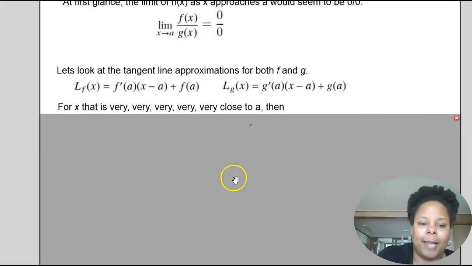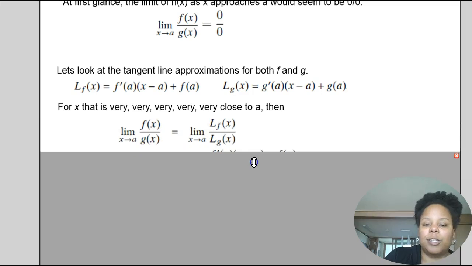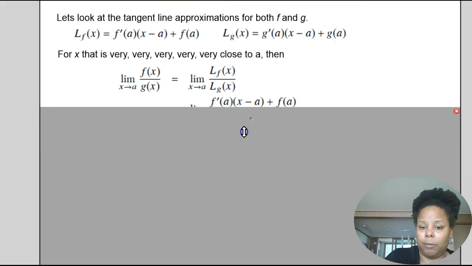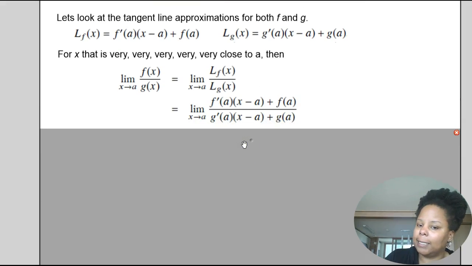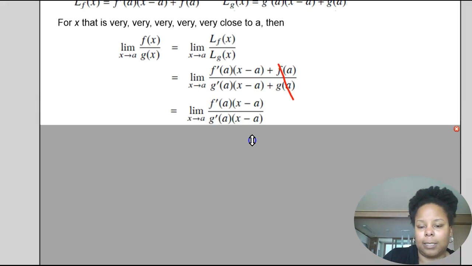Okay, so now that we know that for x very, very close to A, the linear approximations of these functions can be represented as such, then we can write the limit function like this. And then therefore we can write it like this. And if you remember that f of A and g of A both have to equal 0, we can cancel out f of A and g of A, and we end up with this.